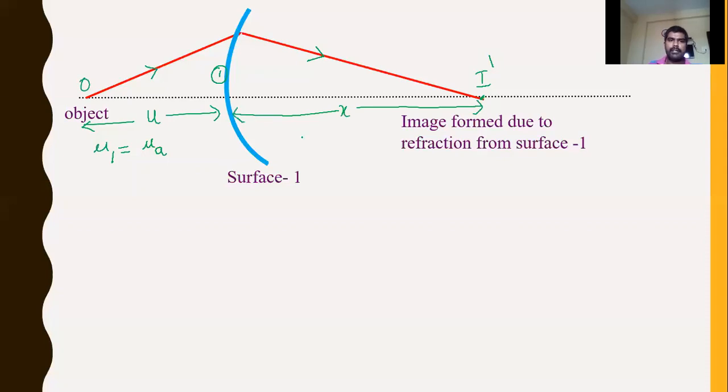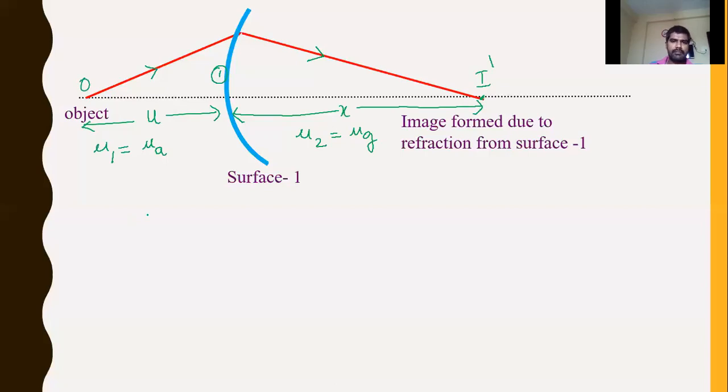Therefore this second medium is mu g, the refractive index of glass. The image I dash is formed in the glass medium itself. That is the reason why we are taking mu2, the second medium refractive index, as the refractive index of the glass.